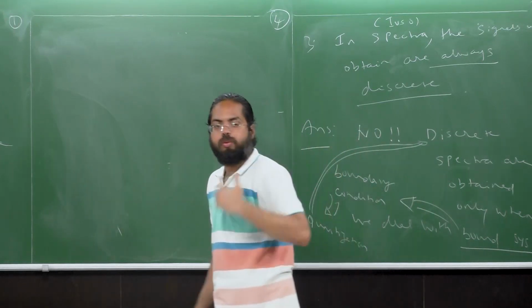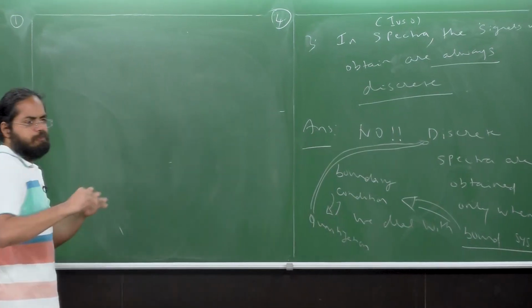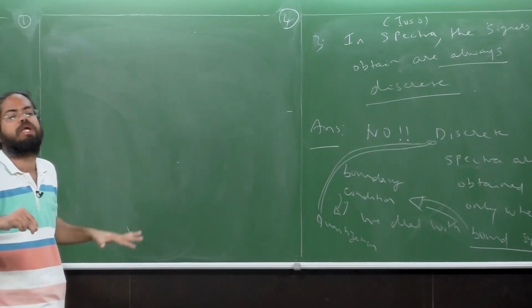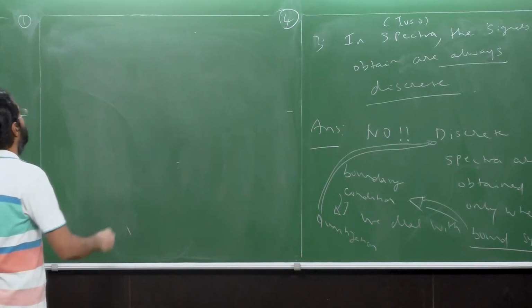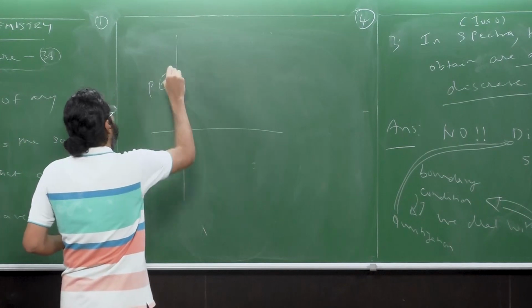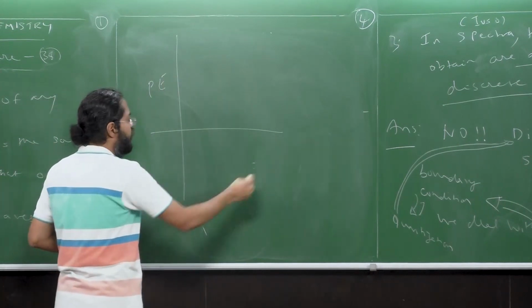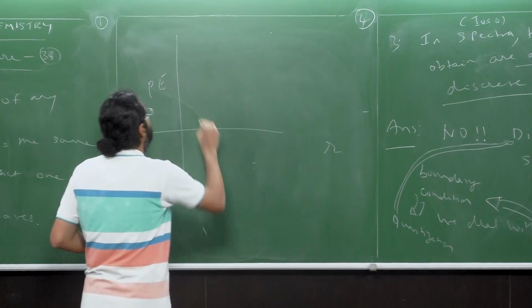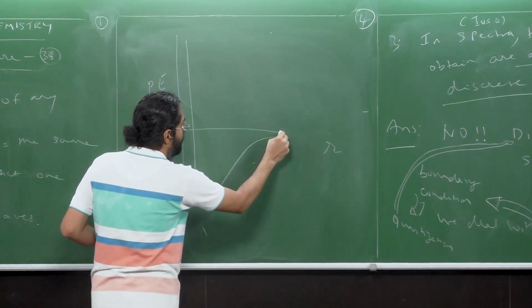Let's try to understand it from the miniature version of a potential energy surface we discussed in class. We saw that this is the potential energy curve as it varies with R for a sample diatomic molecule.